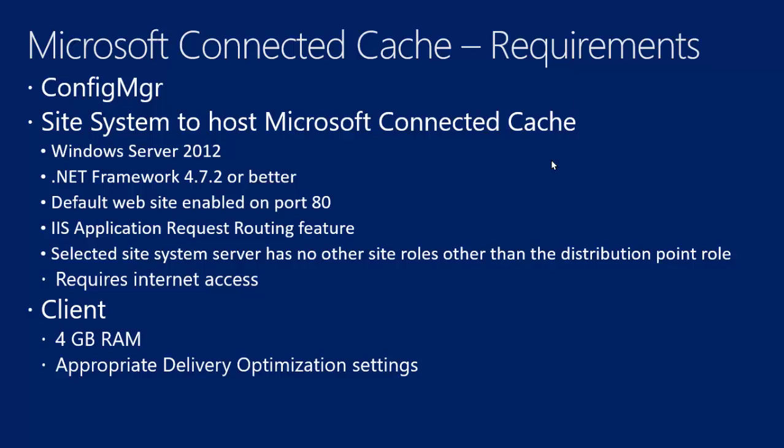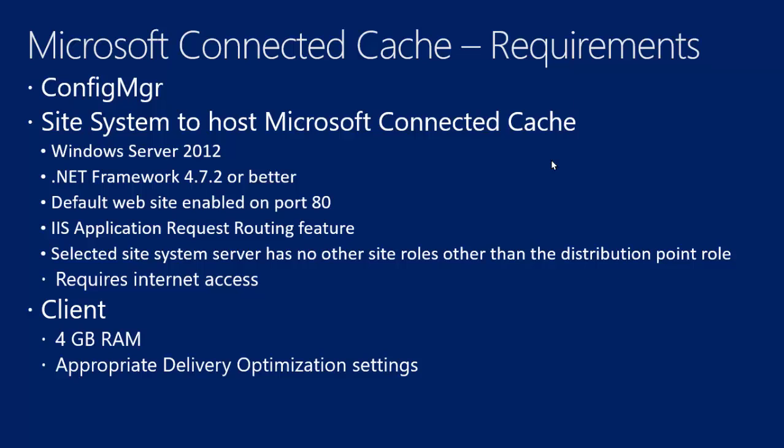You can read through all this, but one key thing I want to highlight is there is a component in IIS that you need called application request routing, right? Absolutely do not install this feature ahead of time. The installation of the Microsoft Connected Cache server will install and configure the component. If you have it installed and configured, it's probably going to be a place to trip whenever you install this component onto that site system. So just be aware of that.